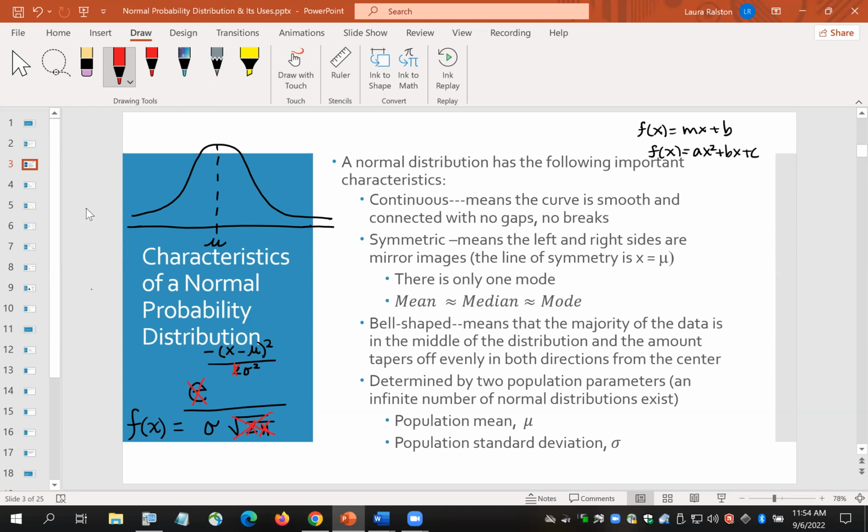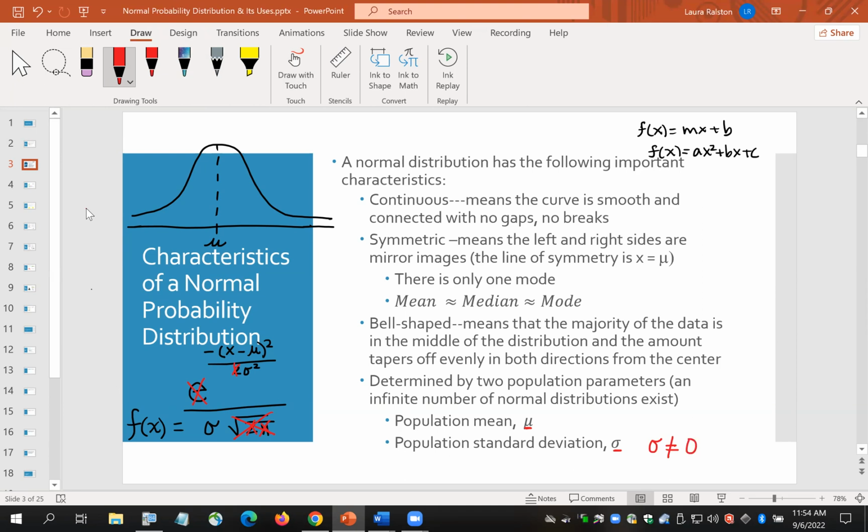So if you look at all of the constants here, the only thing that can change from problem to problem is your mean and the standard deviation. I can use any number that I can think of for the mean, and any number for the standard deviation except 0.